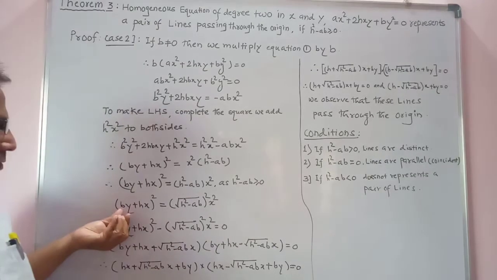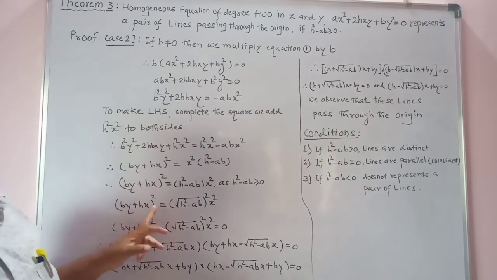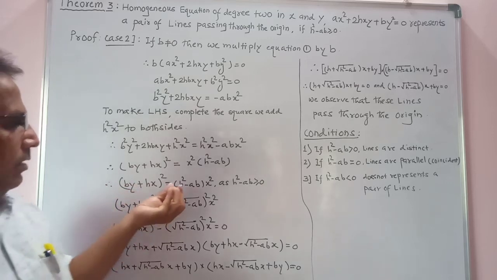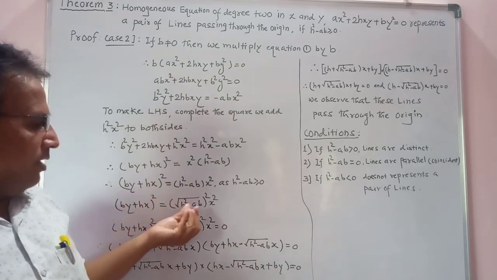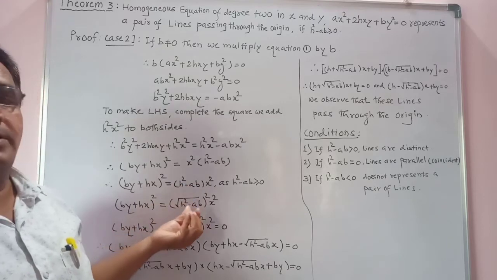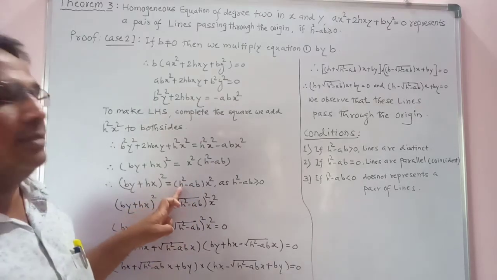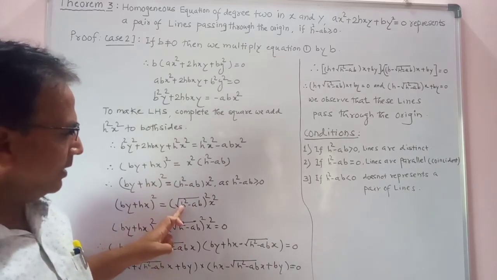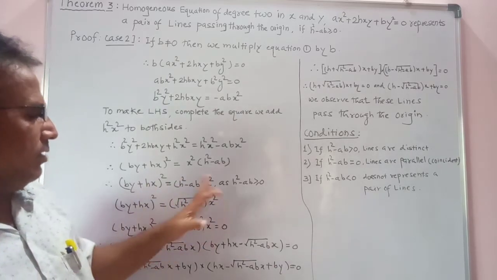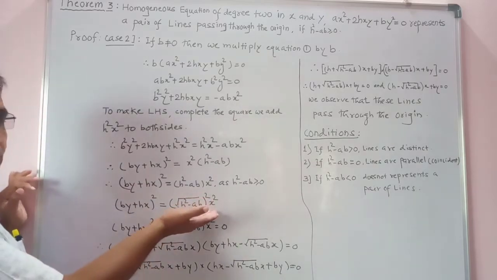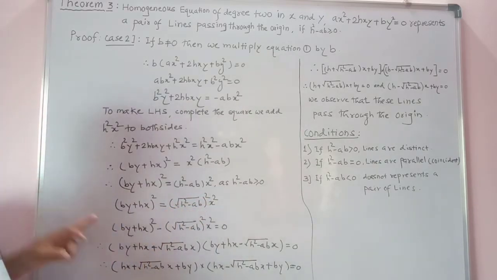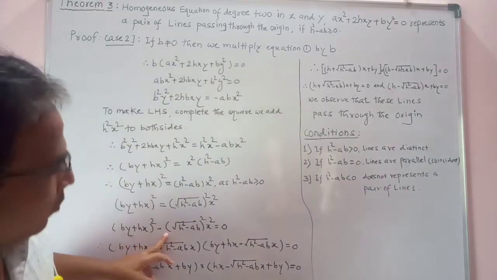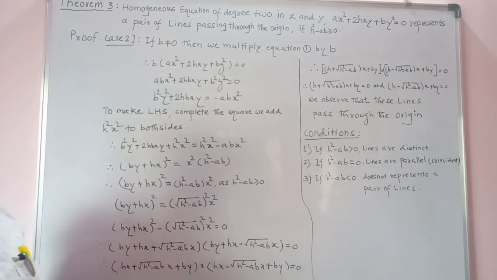Therefore, (by plus hx) whole square equals this term as it is. The square of the square root of (h square minus ab) is h square minus ab, so we can write it as (root of h square minus ab) whole square into x square. Transposing this term to the left side, (by plus hx) whole square minus (root h square minus ab) whole square into x square.